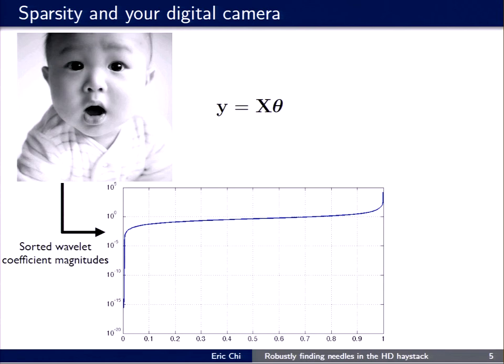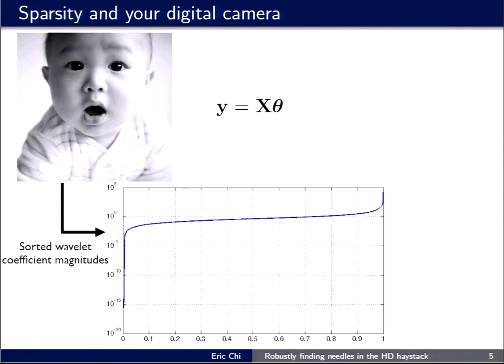Okay, so how well founded is this assumption? So let's just look at two examples. My first example involves my son right here, a little picture of him. What I'm doing here is I'm taking this image, my signal y, and I'm going to re-express it in terms of other building block signals, basis functions. In this particular case, wavelets. Okay, and I'm looking at the contributions of each wavelet that go into representing this signal.